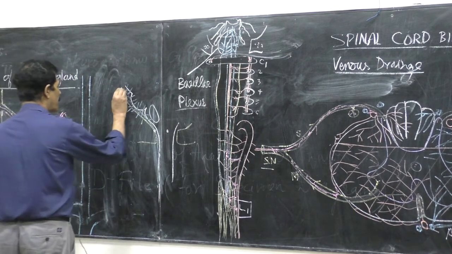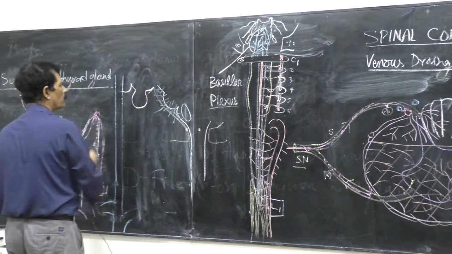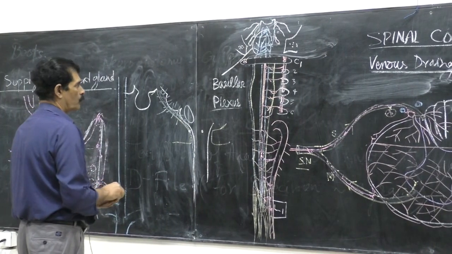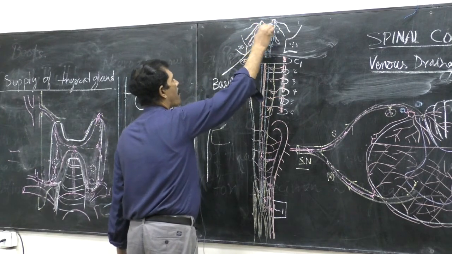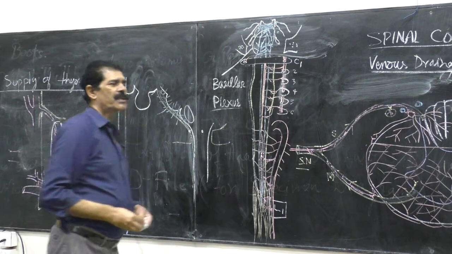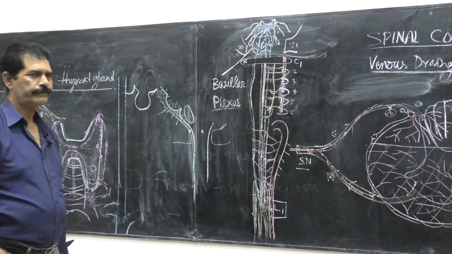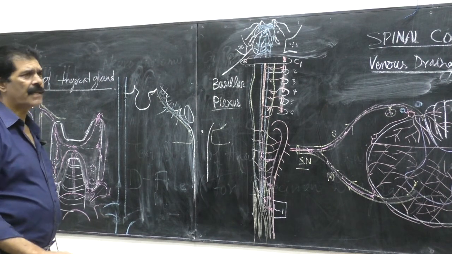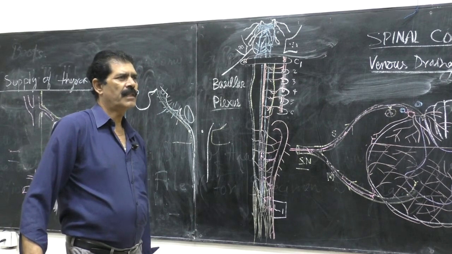Then this whole of the basilar plexus goes into the posterior intercavernous sinus, which is one of the posterior tributaries of the cavernous sinus.